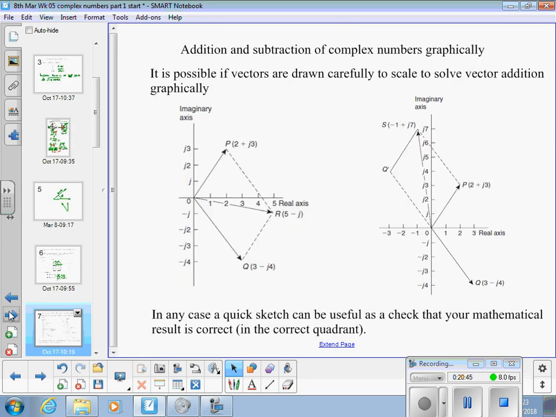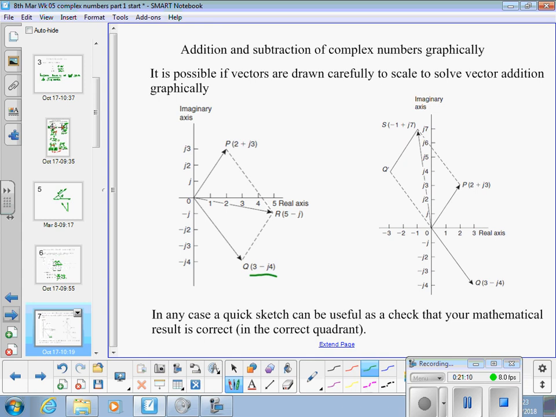graphically, it's possible if vectors are drawn carefully to scale. Here's 4 on the x-axis, 3 up the y, drawn as a vector.